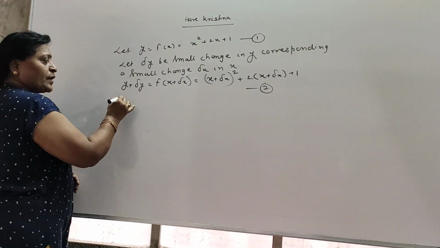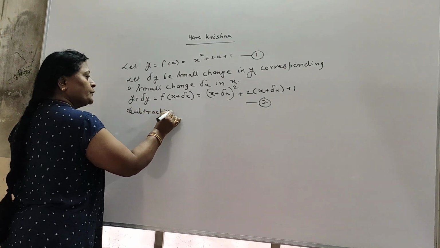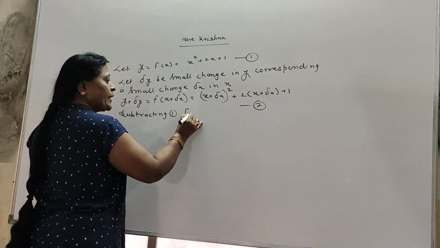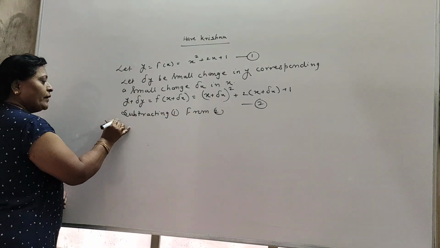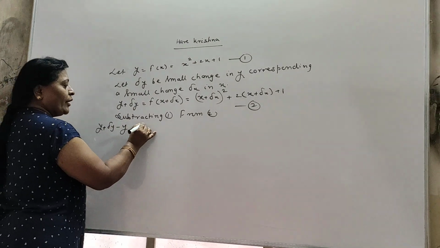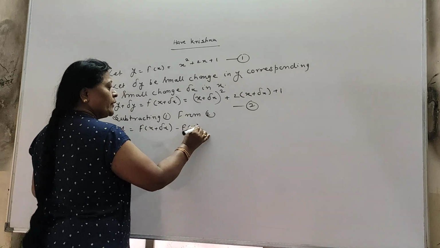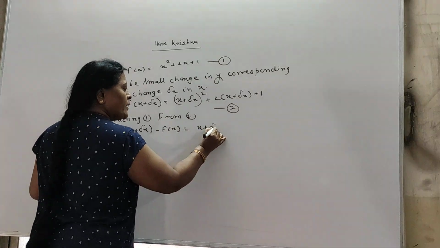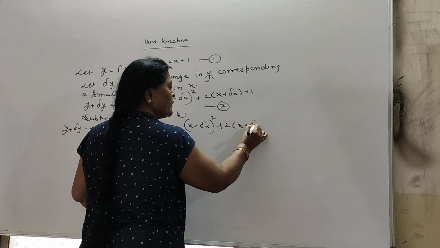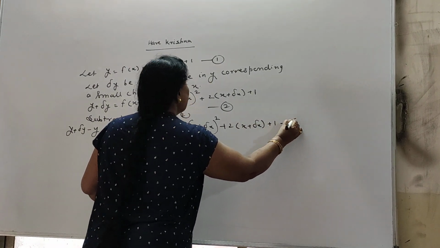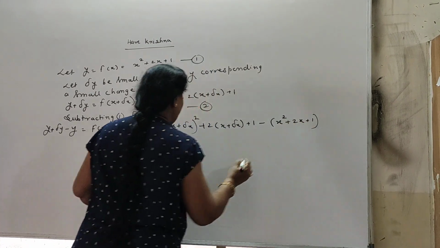Now what you have to do? We have to subtract the first equation from the second. So y plus del y minus y, that is f of x plus del x minus f of x, equals x plus del x whole square plus 2 times x plus del x plus 1 minus x square plus 2x plus 1.